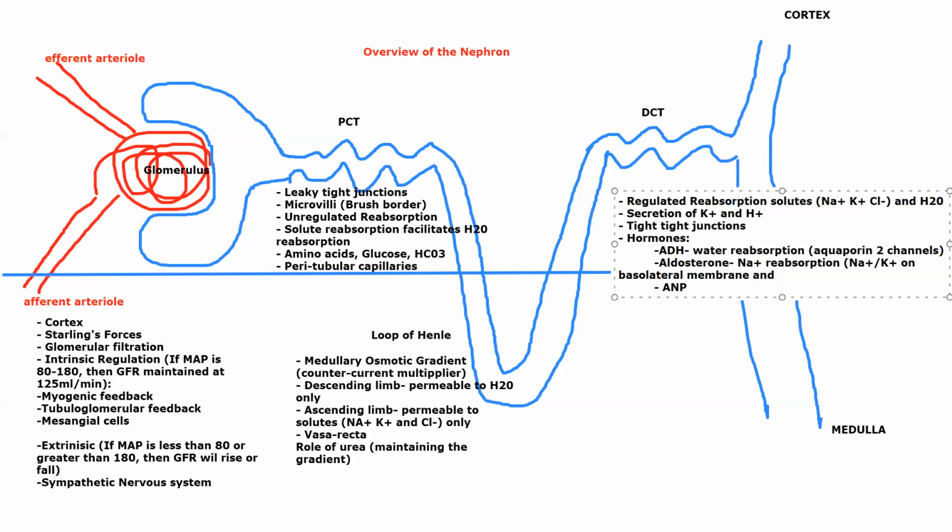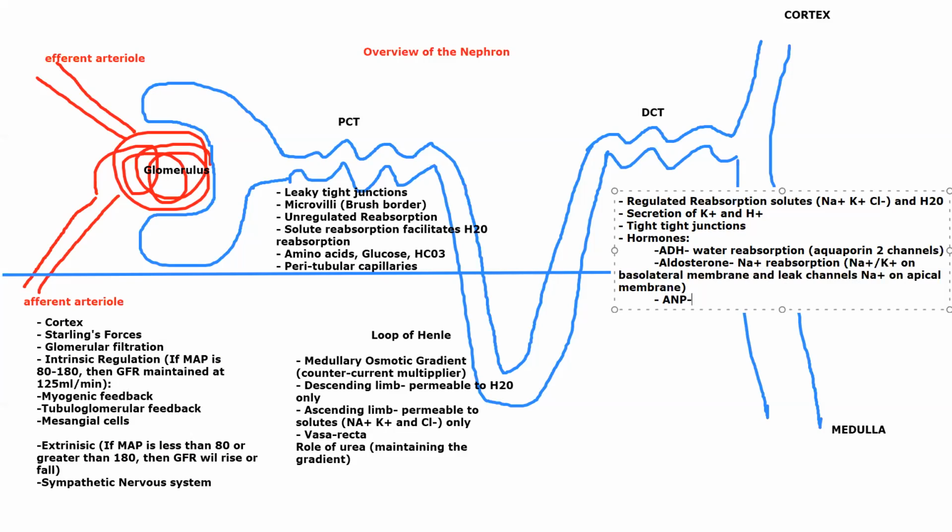And it's also going to increase the leak channels for sodium on the apical membrane. Right, so those are the two mechanisms by which aldosterone increases sodium reabsorption in these distal parts of the tubule.